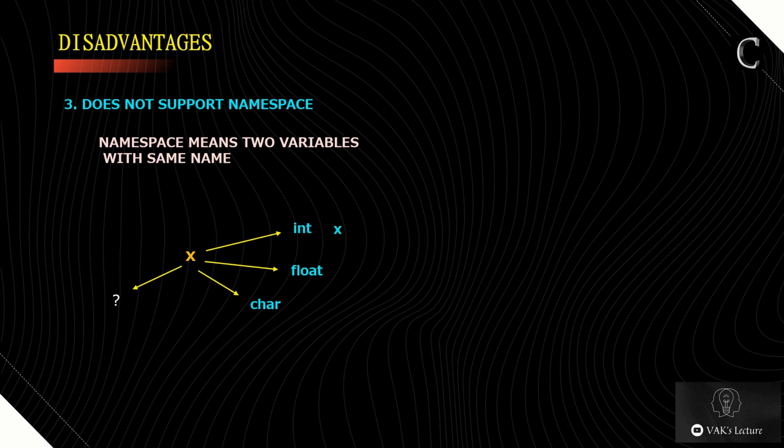It cannot handle other values or other data. But namespace means this x can handle an integer and also a character, or a float or a character, or integer and float, like that. So some languages support this facility, but C language doesn't support this namespace facility.